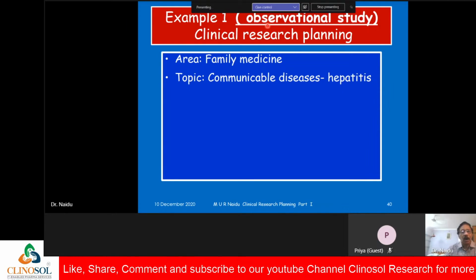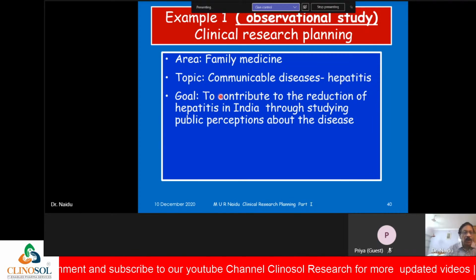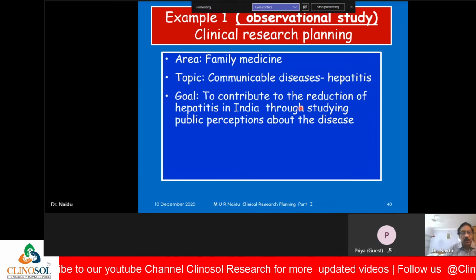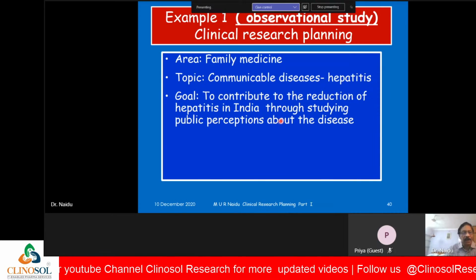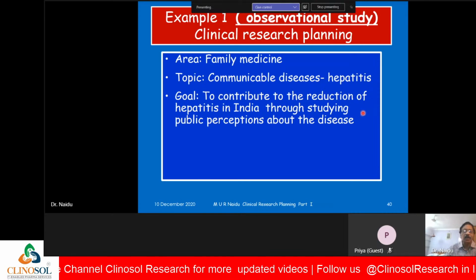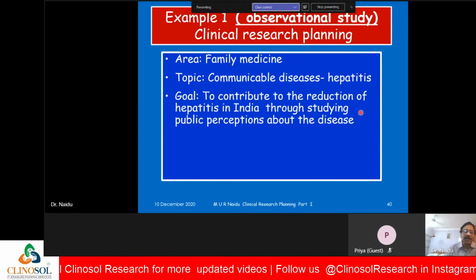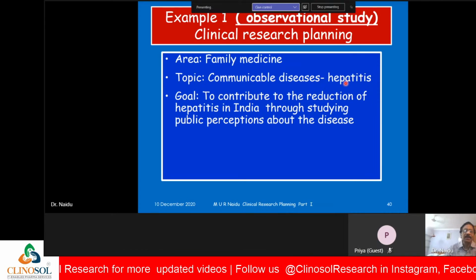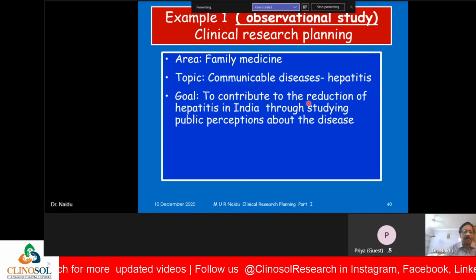I want to do an observational study. My goal is to contribute to reducing hepatitis in India by studying the public perception about the disease. I want to know from the public why they think hepatitis is very common in that area.